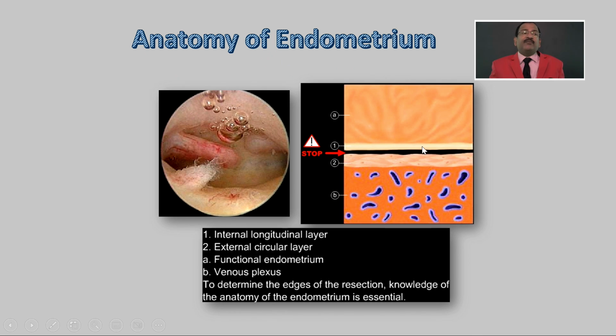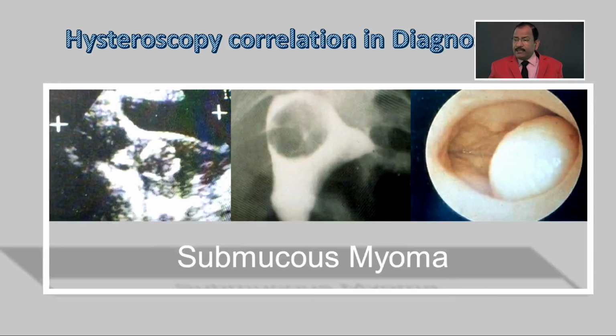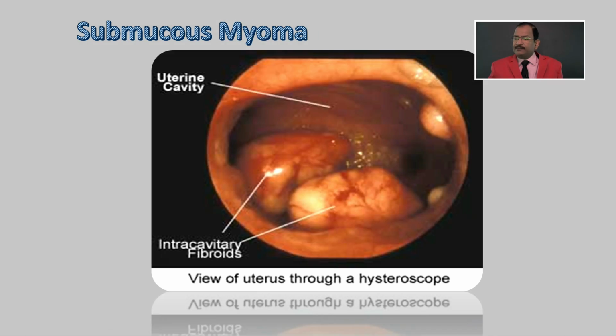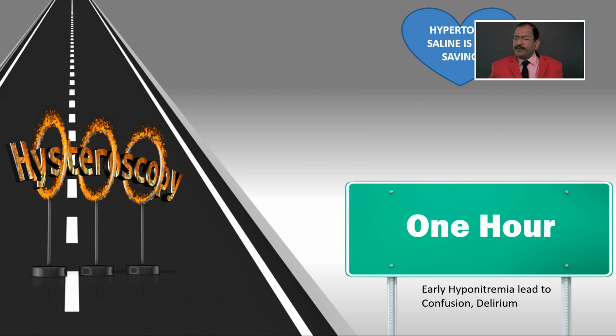Excessive fluid will enter, just like IV fluid, under pressure you are putting into the vein, because this venous plexus is now opened. So this is important, that this venous plexus should never be opened, and that should be kept in mind.